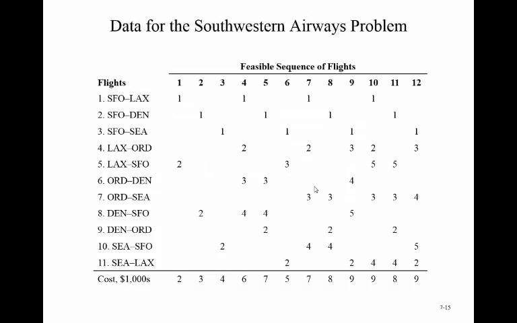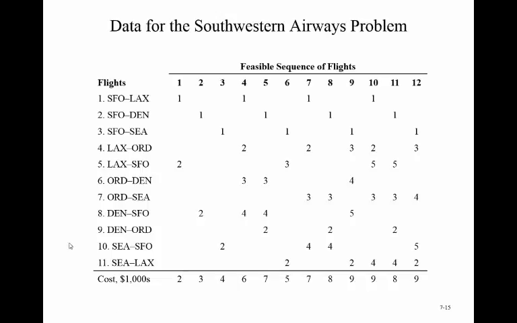So let's take a look at how this is formulated. Each column here corresponds to a feasible sequence of flights that a flight crew could cover.